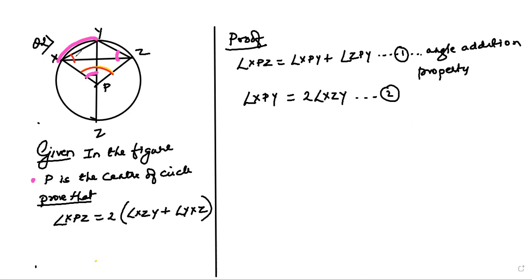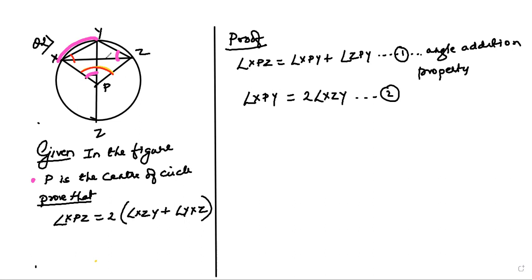If you try to recollect the theorem, children: the angle subtended by an arc at the center of a circle is twice the angle subtended by the same arc at any point on the remaining part of the circle.